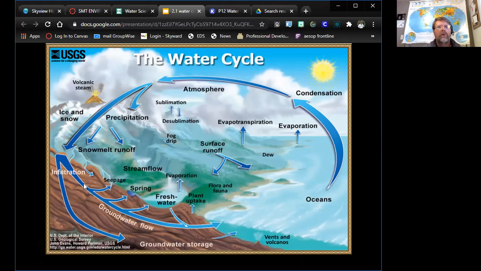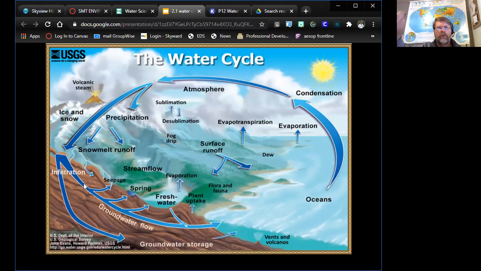Okay, that underground flow can then seep back up slowly to form damp areas where there's seepage, or it can come out as a pressurized water source and you can have a freshwater spring.